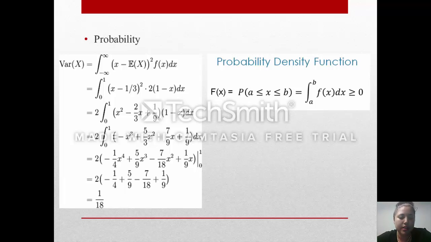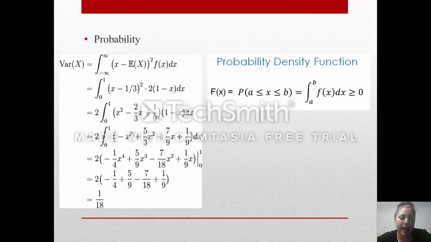Each one of these is just a power, and you have one constant at the end. So you get 2 times the antiderivative: negative 1/4 x to the 4th plus 5/9 x cubed minus 7/18 x squared plus 1/9 x, evaluated from 0 to 1.